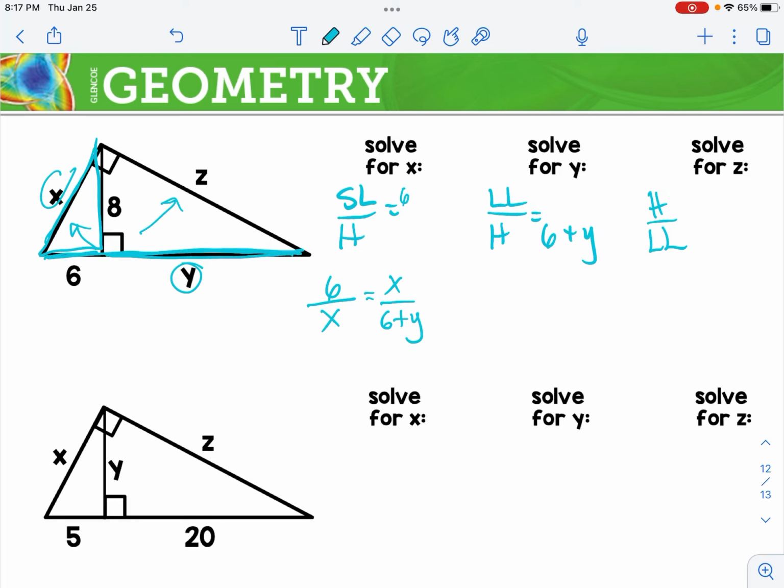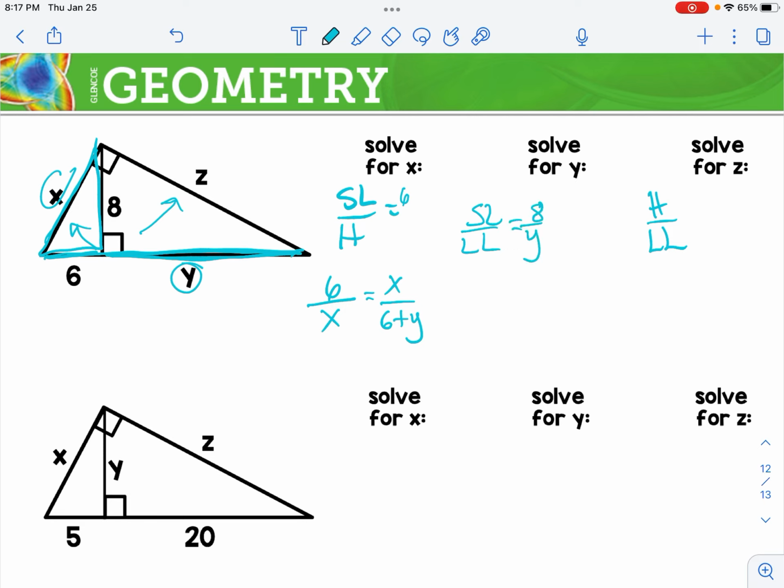For this one here, solving for y, I'm going to do this one a little bit different. Since we did the 6 plus y for our x value, for our y value, let's do a short leg over a long leg, since we have more of that information. So the y is here. That represents the long leg of that one, but the short leg is 8.